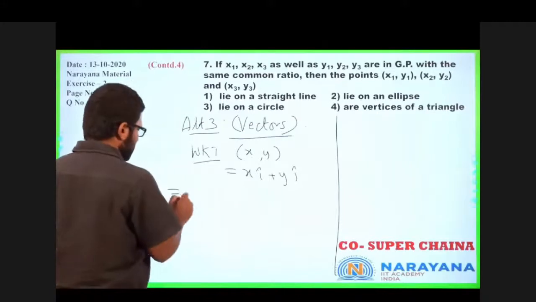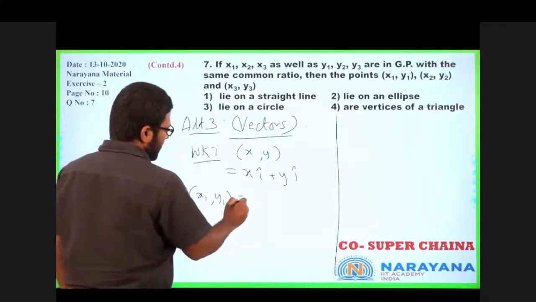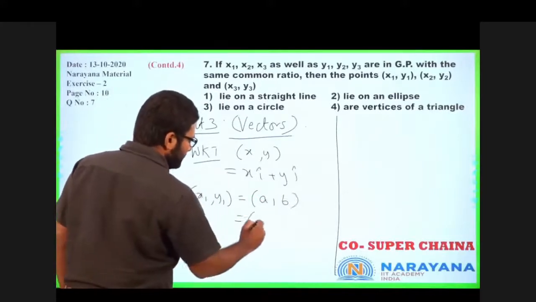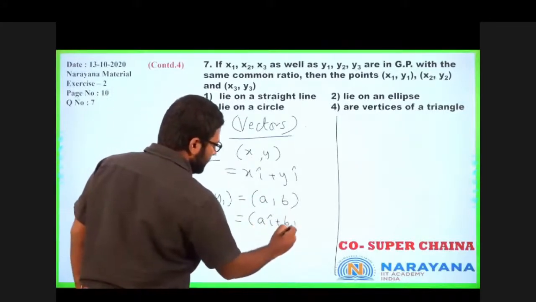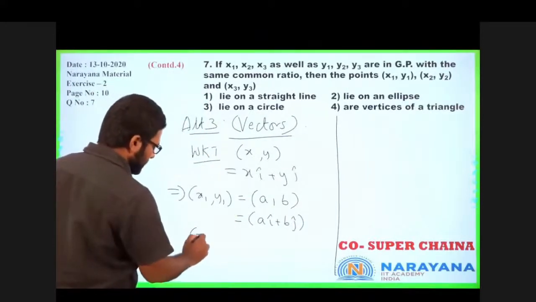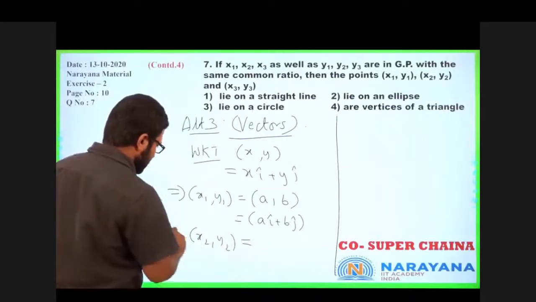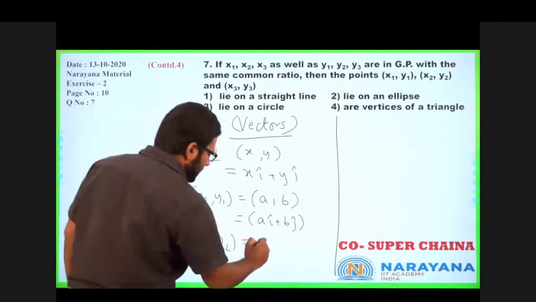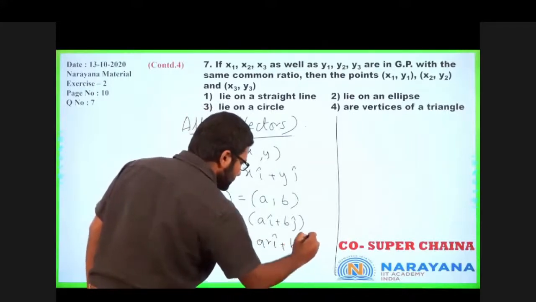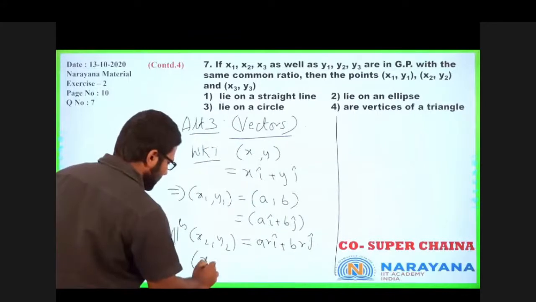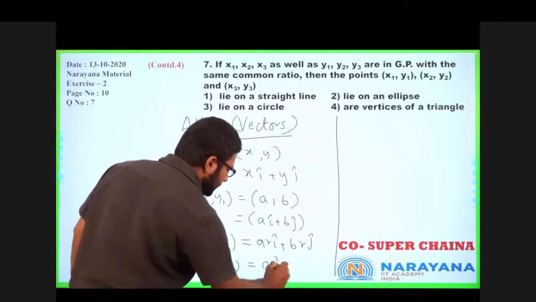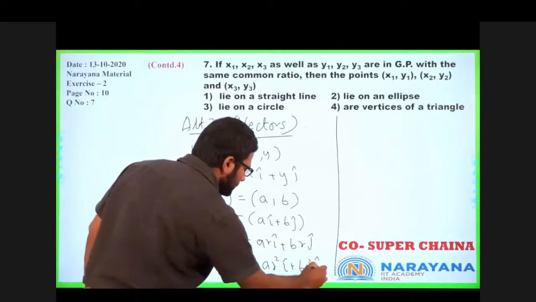So x1, y1, which we know is a comma b, I can write as a i cap plus b j cap, correct? That vector. Then x2, y2 will be ar i cap plus br j cap, and x3, y3 would be ar square i cap plus br square j cap.